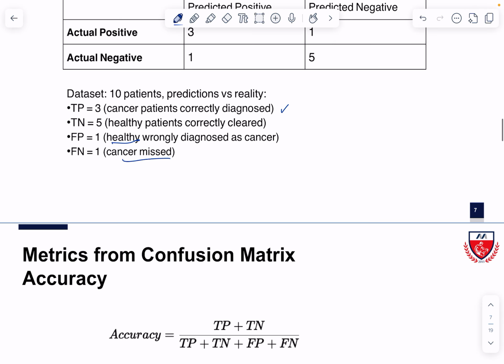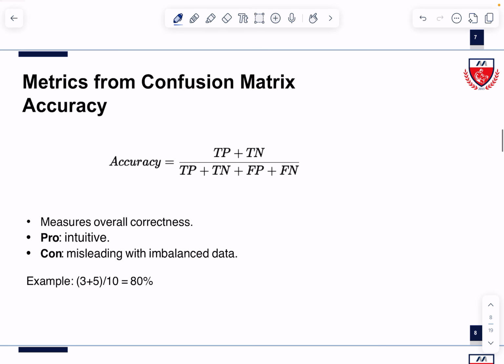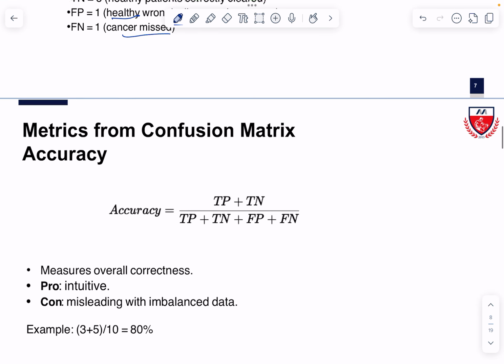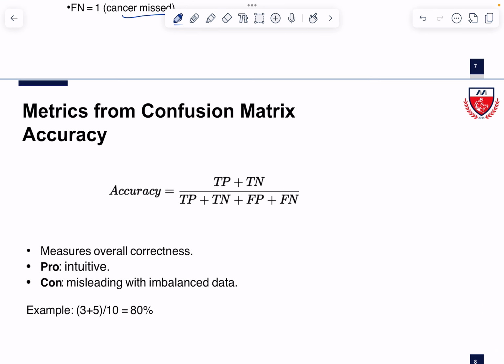So let's talk about the metrics from the confusion matrix that we have. Based on this table, guys, we have the accuracy, which is true positive plus true negative over true positive plus true negative plus false positive plus false negative.